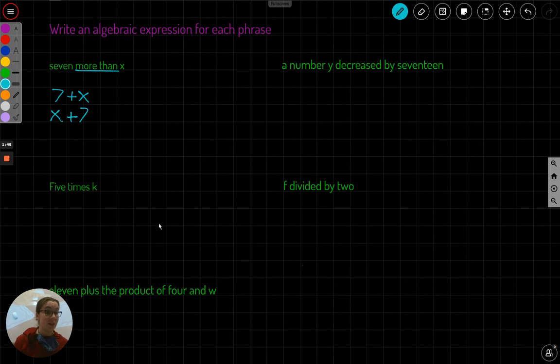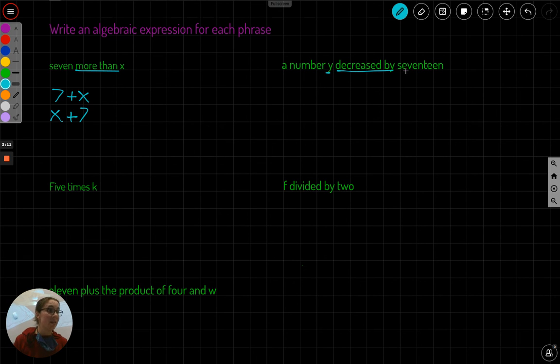Now, look at this one over here. A number, y, decreased by 17. What is our indication of operation phrase here? Well, it's decreased by. Decreased by means we are doing subtraction. So I'm starting with y.